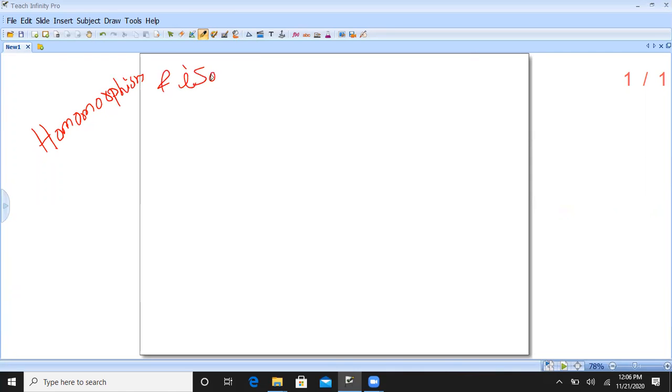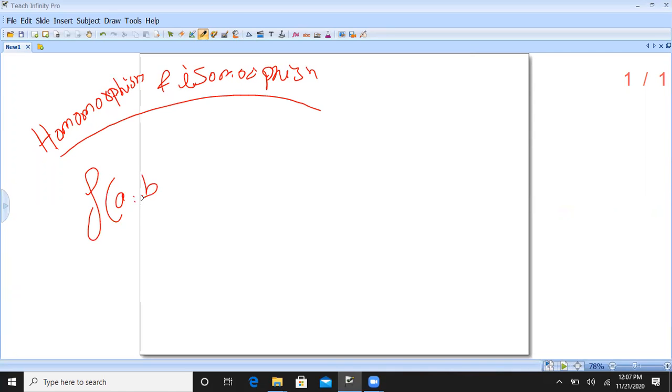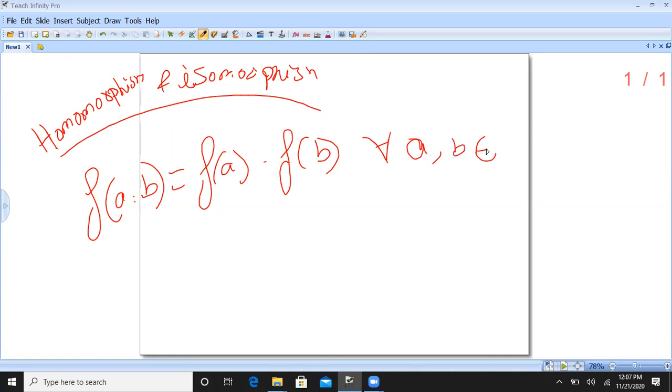The statement of a homomorphism is f(a·b) = f(a)·f(b) for all a, b belonging to G. This is your expression. It must satisfy this condition; then only we call it a homomorphism.